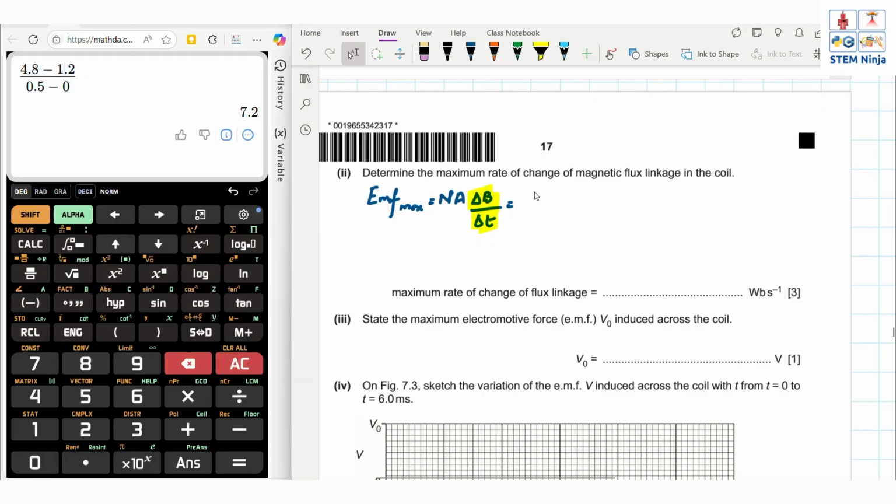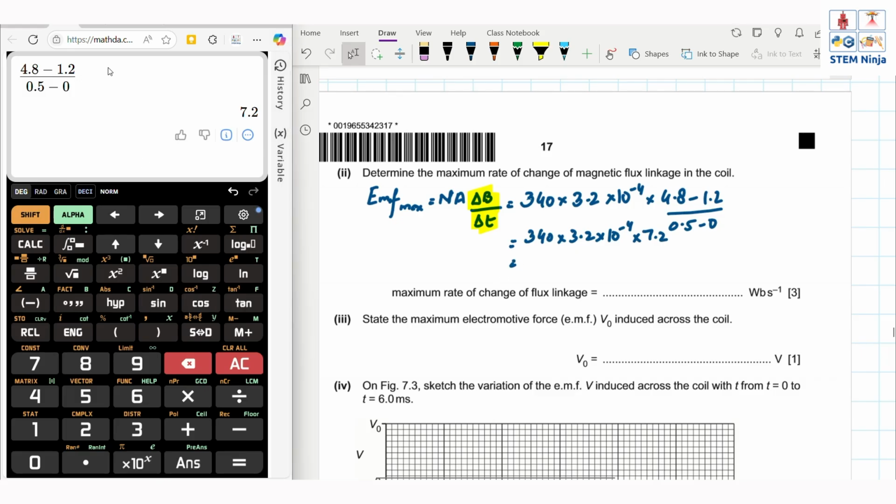We have number of turns was 340. Area was 3.2, 10 raised to power minus 4. And the gradient is 4.8 minus 1.2 divided by 0.5 minus 0. So 340 times by 3.2, 10 raised to power minus 4 times by 7.2.